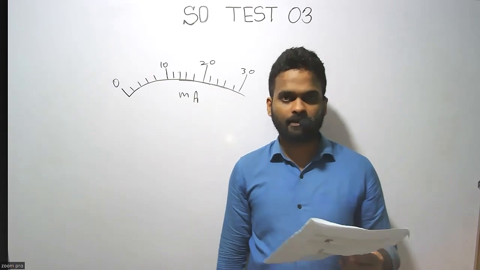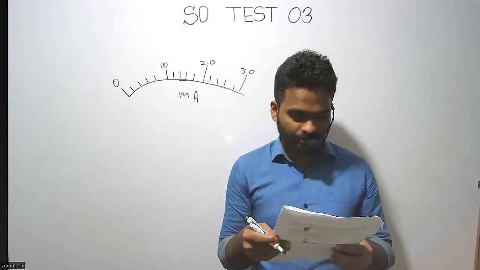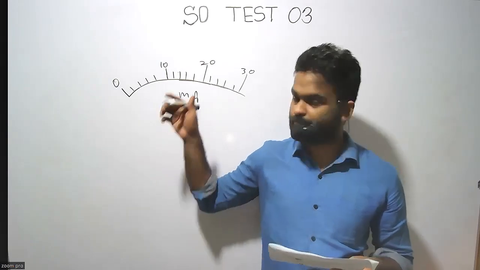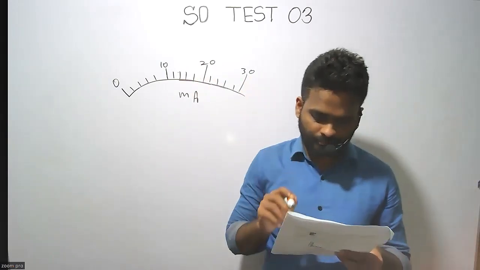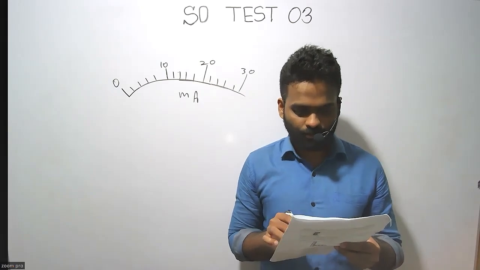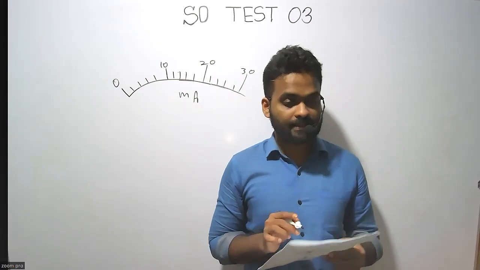Right. 11th question. The scale of a milliammeter that can be used to measure current up to 30 milliampere is shown by the image. When it is not connected to a current, the pointer is as shown. The choices show both the zero error and least count, in order.